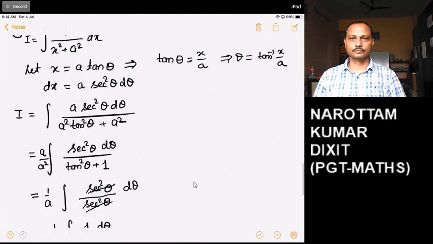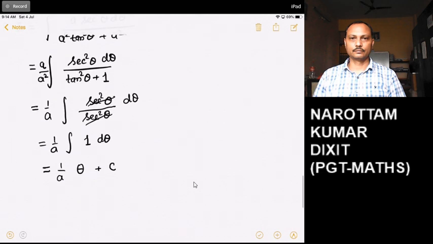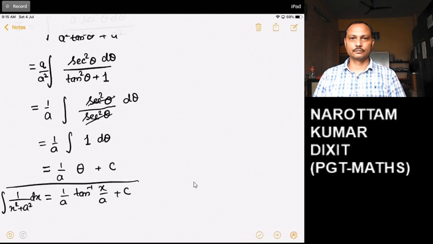So in place of theta, we can write tan inverse x upon a. So 1 upon a tan inverse x upon a is the integration of 1 upon x square plus a square with respect to x. So this is our third formula.